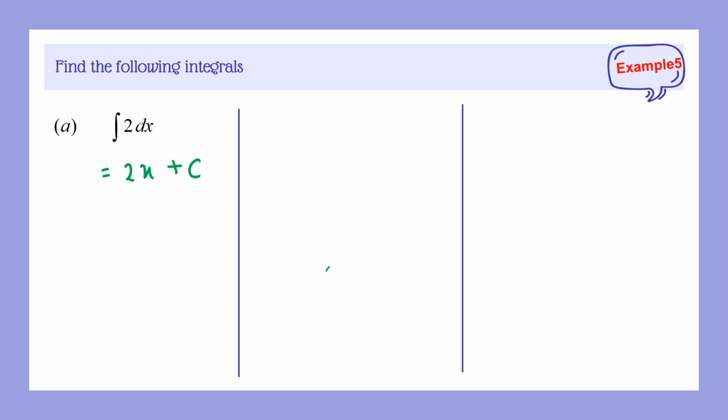Next, for question B, integrate 1 over 3 dx. Since 1 over 3 is a constant, to integrate this question, we can use rule number 1. So then we get 1 over 3 x plus c.